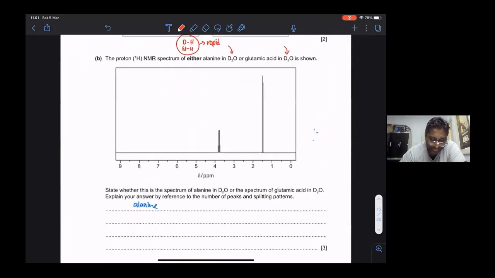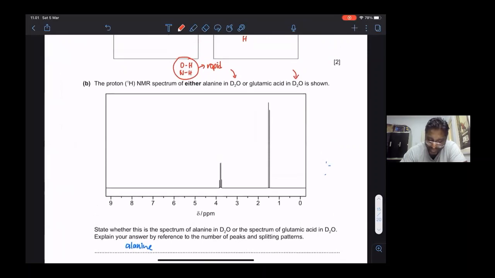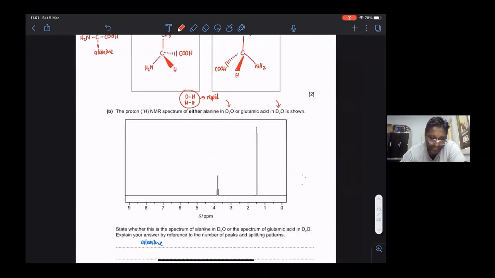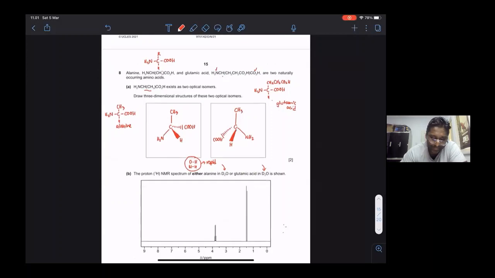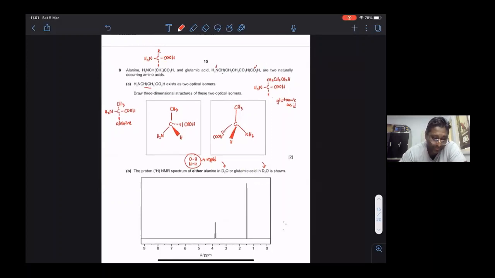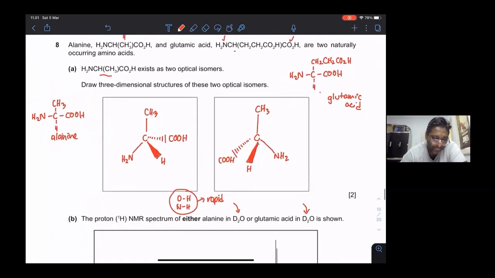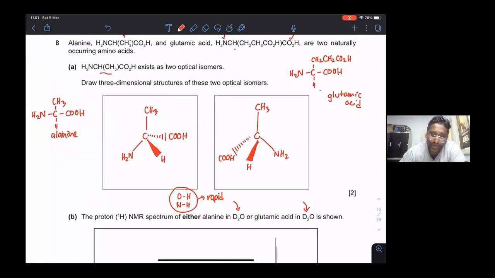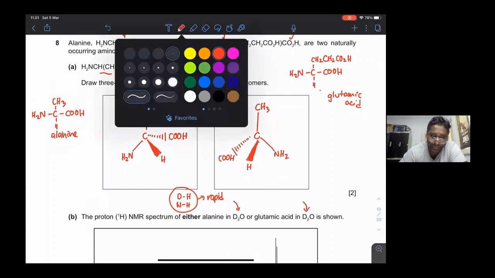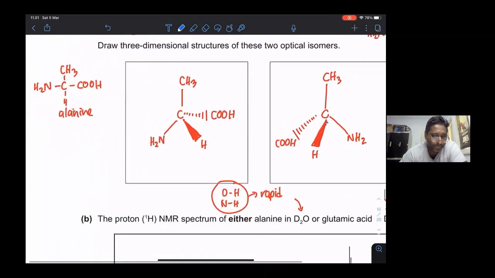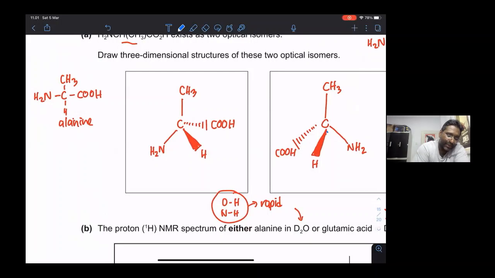So here they ask you whether this is the spectrum for alanine or glutamic acid. So we need to find out. This is going to be proton NMR. So we can actually find out how many different hydrogen environments there are first. That's going to be something that we need to do first. If you look at hydrogen environments, do remember the nitrogen and hydrogen will not be shown in your NMR, and this one will not be shown as well.